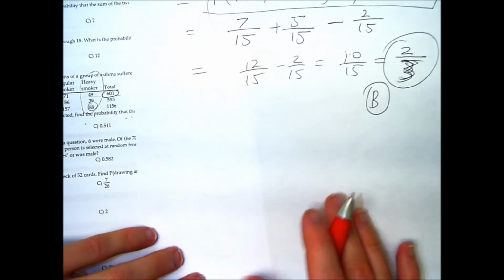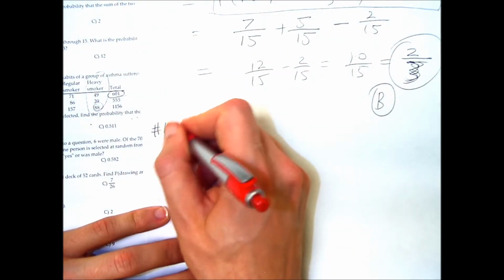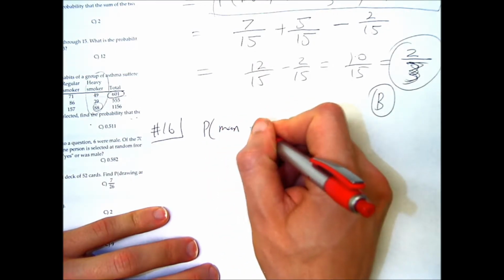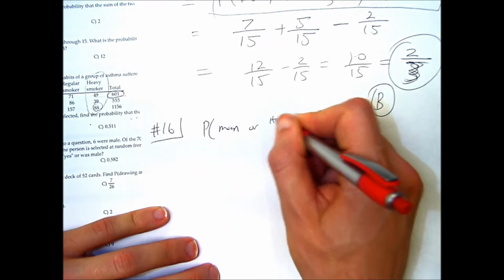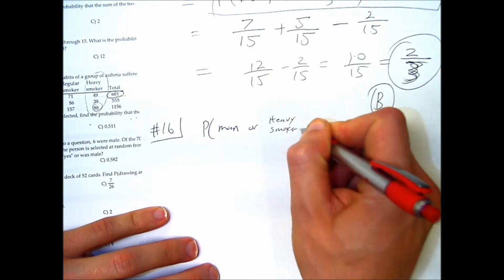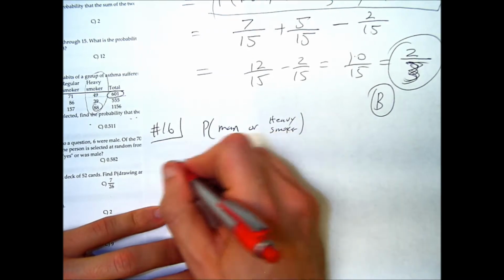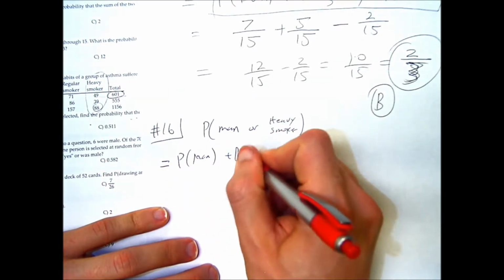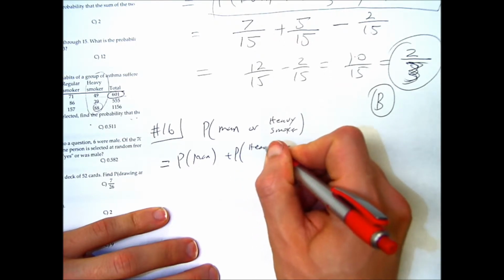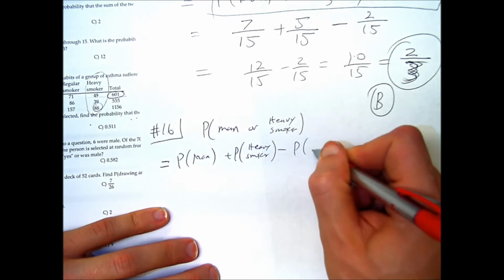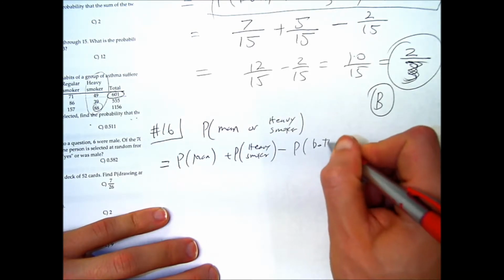So here we would write in number 16, the probability of being a man or heavy smoker is equal to the probability of being a man plus the probability of being a heavy smoker minus the probability of both being a man and a heavy smoker.